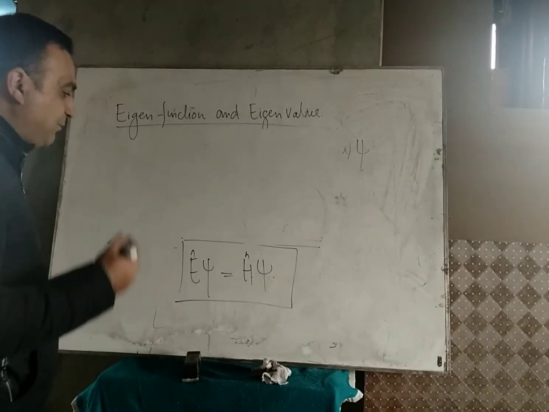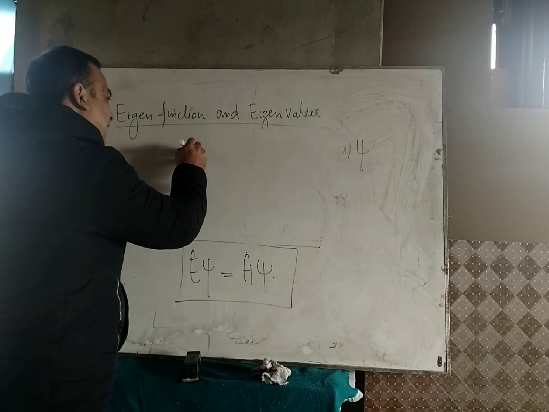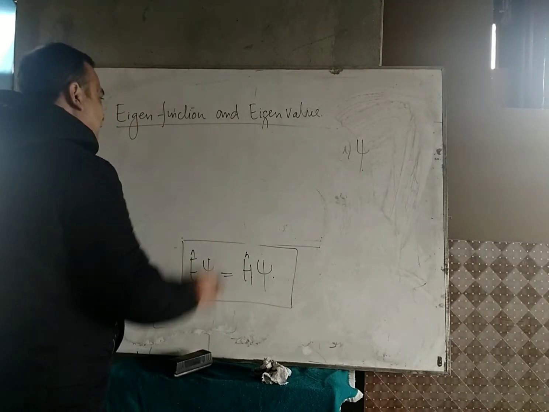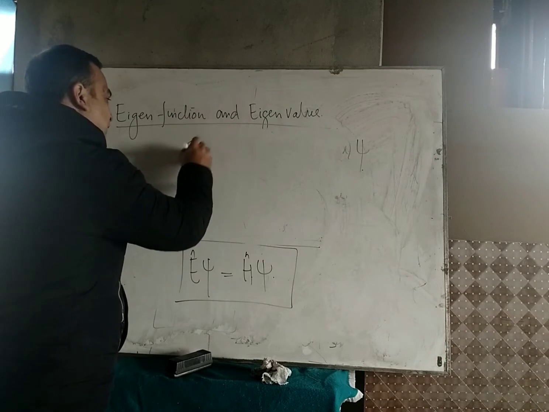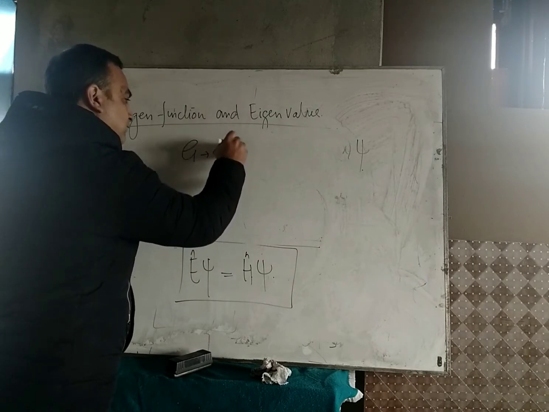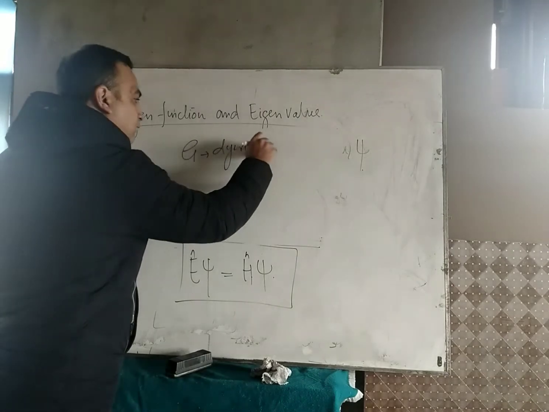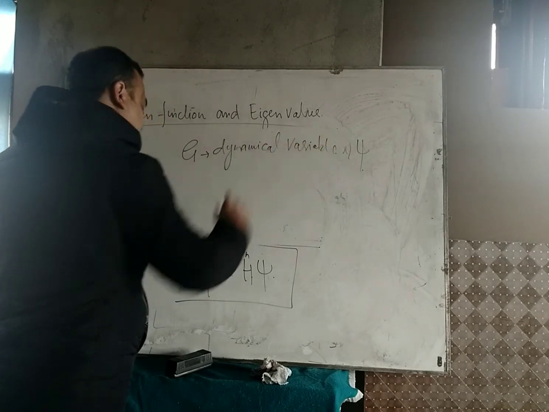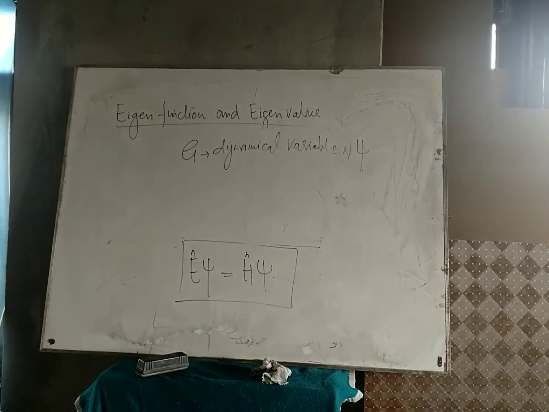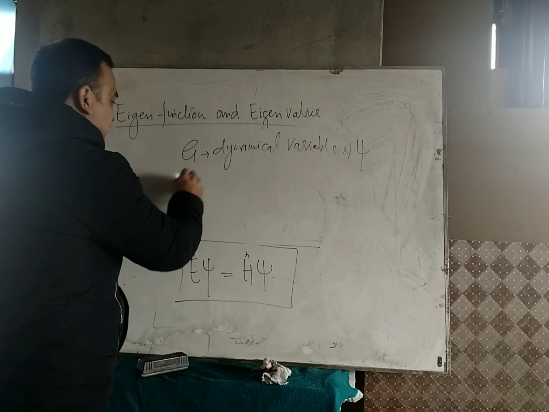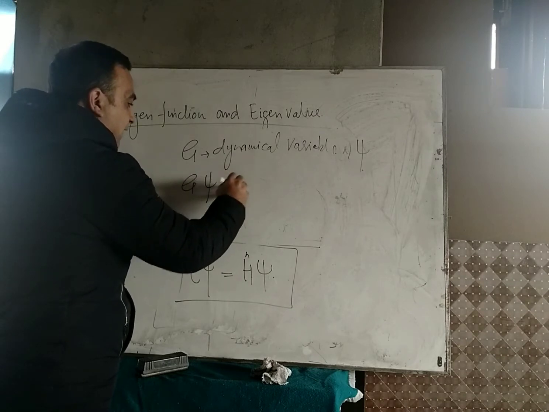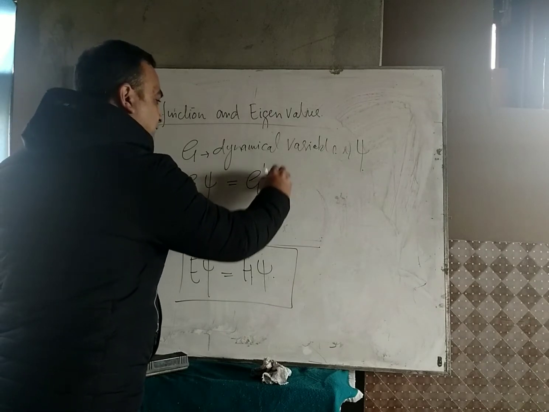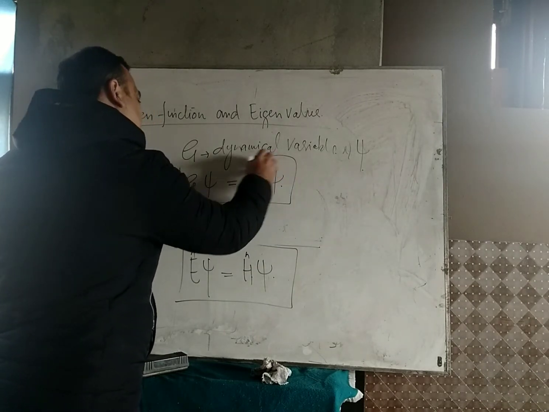If I take some general operator, say G, a general dynamical variable G, such that G psi gives me G dash psi, it's equal to some G dash psi.